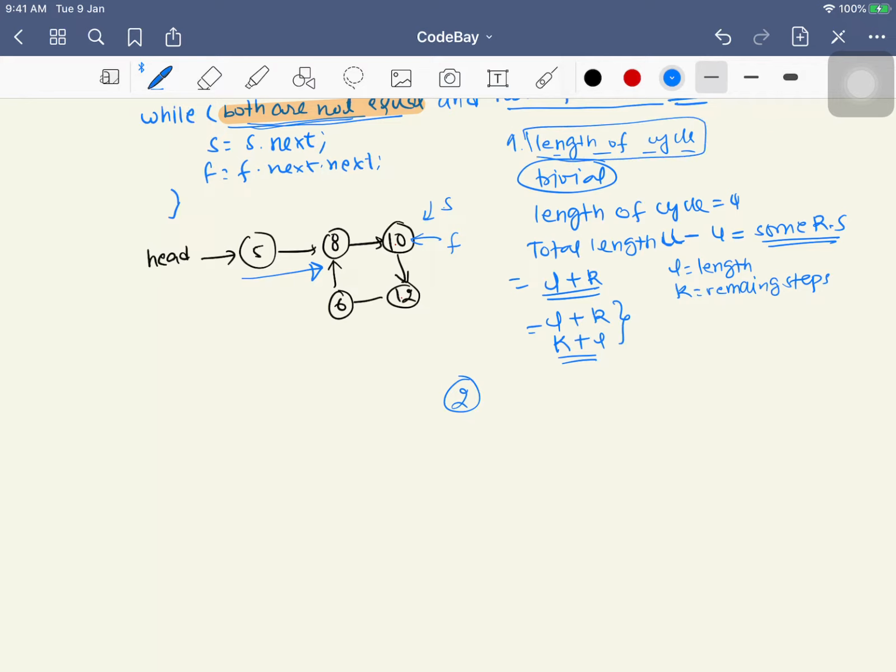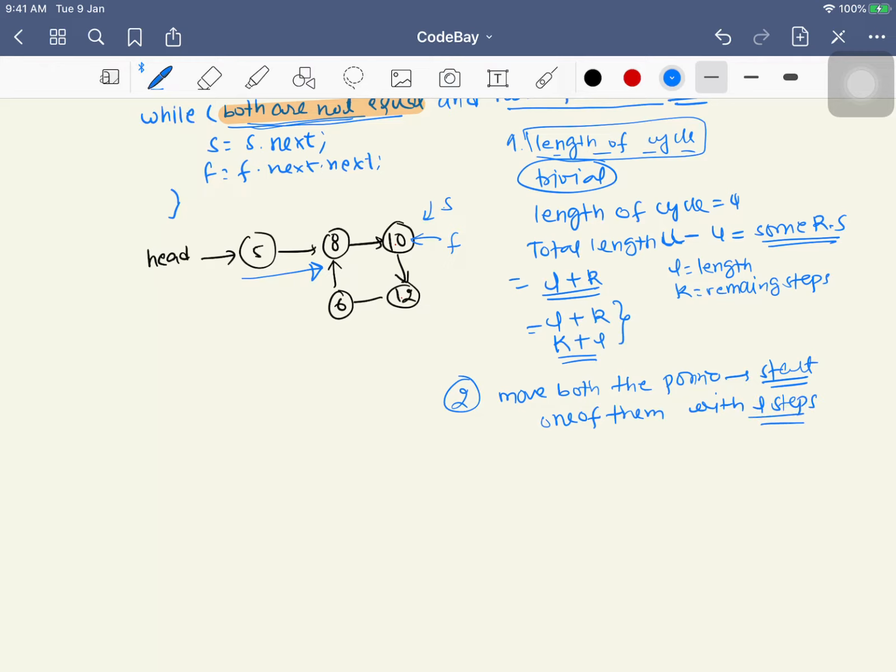The second part is what we will do: we will move both the pointers to the start, and then we will move one of them with L steps.